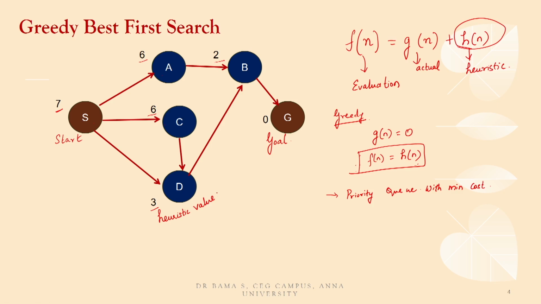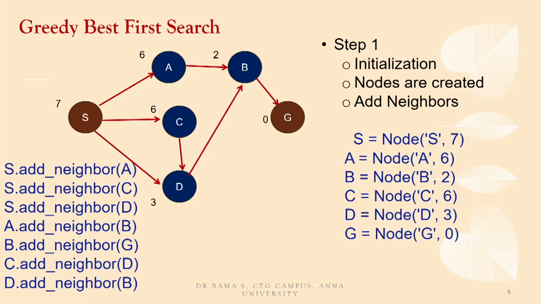So this is the problem that we are going to see today, and we will go step by step. We will assume how a machine would see this graph. Initially, we have to represent this graph to a machine. Suppose we want to write a program for this graph. Step 1 is initialization, where all the nodes are created.